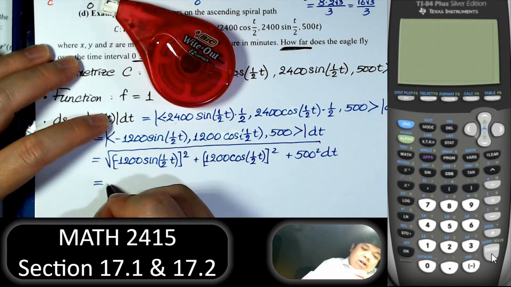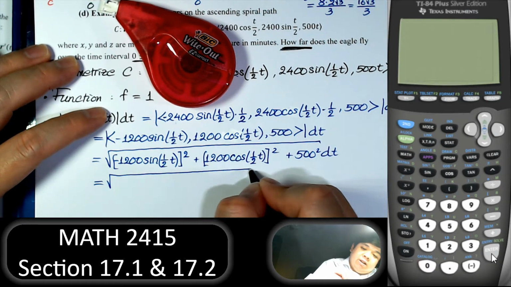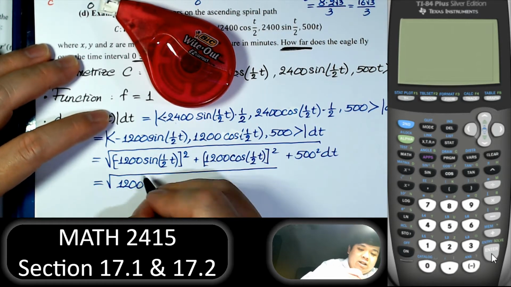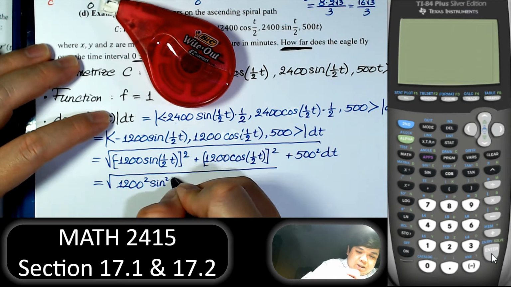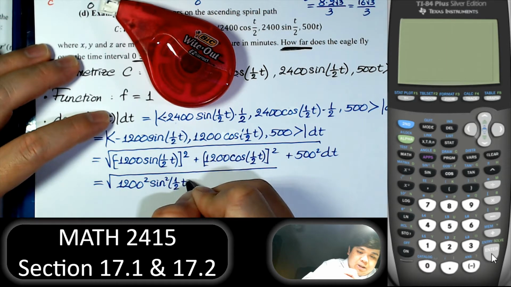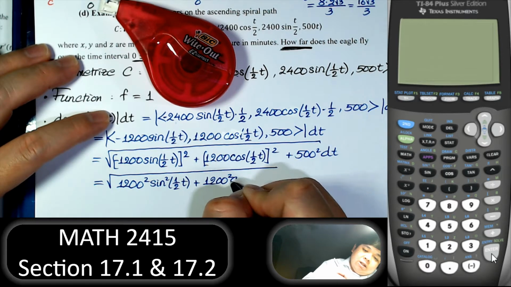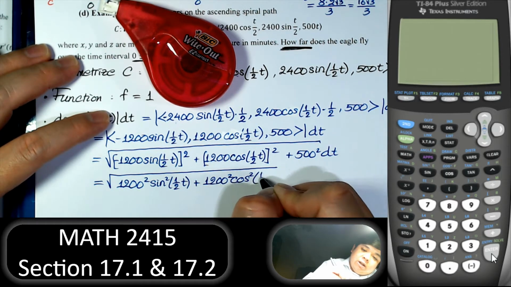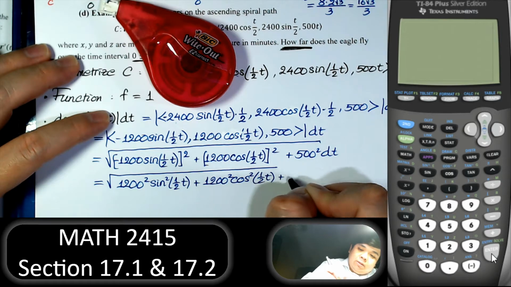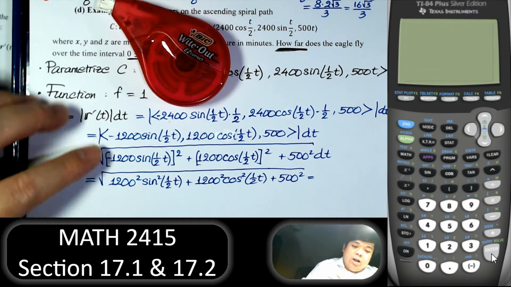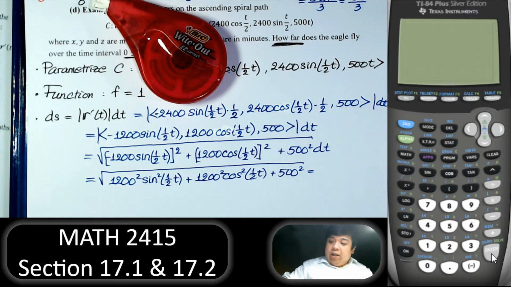Like the negative squared, so we just have 1200 squared sine squared plus 1200 squared cosine squared and 500 squared. Right, the 1200 squared is a common factor.